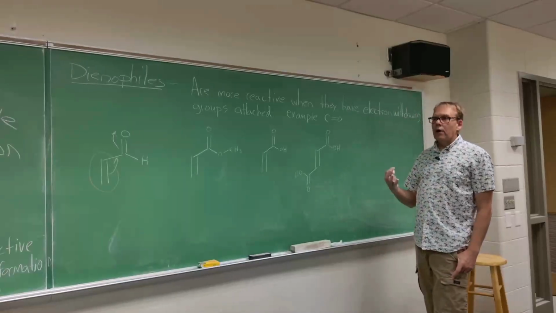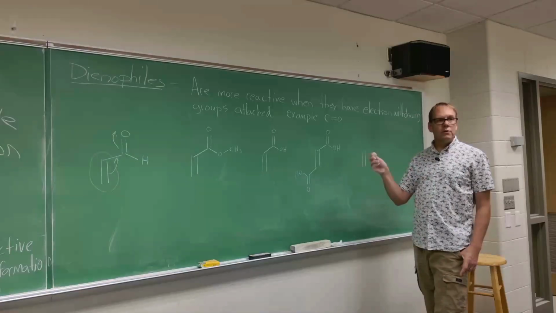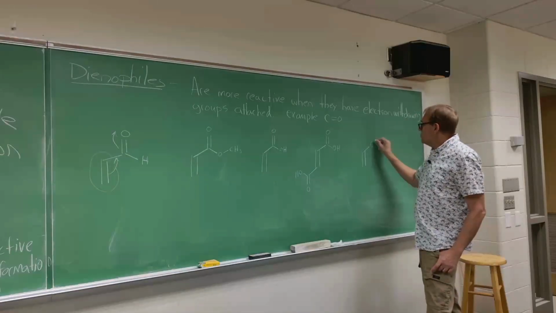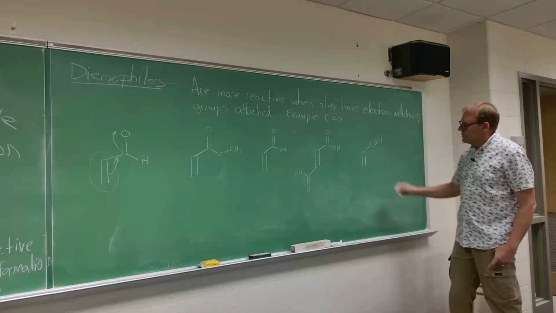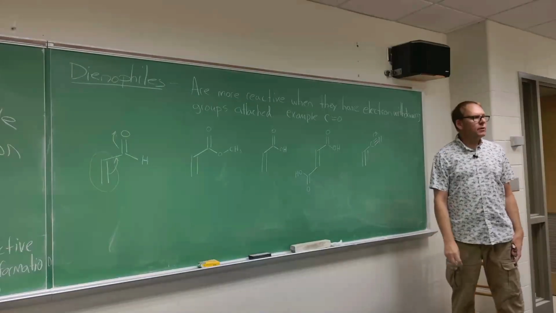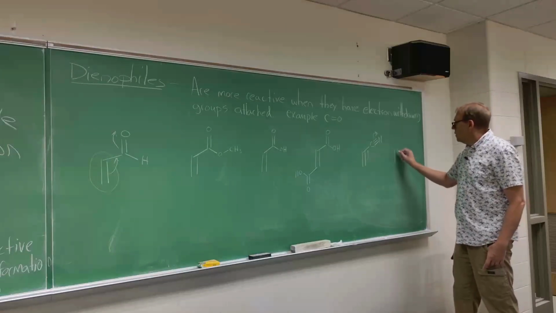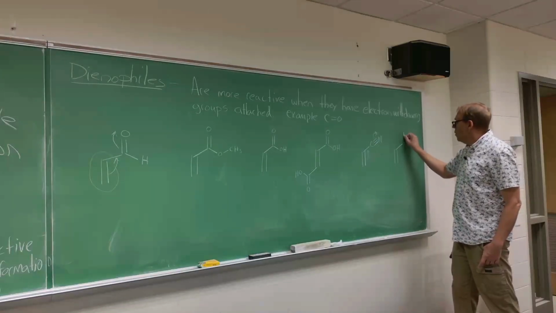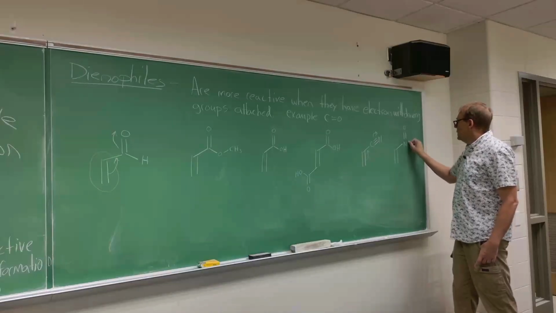There are other withdrawing groups too. It isn't just carbonyl groups, those are the most common, but C triple bond N is another really common one because the C triple bond N can withdraw electron density from the dienophile. Another one that's really common is one called nitro, which we haven't talked about yet in much detail, but we'll get to this one in a little bit.